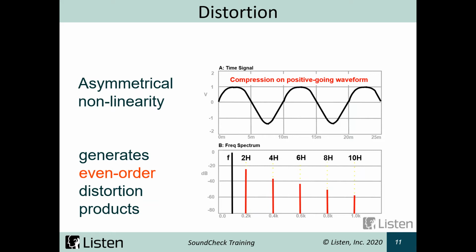Some of that energy is going to be transferred from the fundamental to the second harmonic, the fourth harmonic, sixth harmonic, etc. In this type of distortion, there's going to be a relationship between the excitation frequency and then the distortion products. And again, in this case, they're going to be multiples of each other. And for this type of distortion, it's the even order multiples.